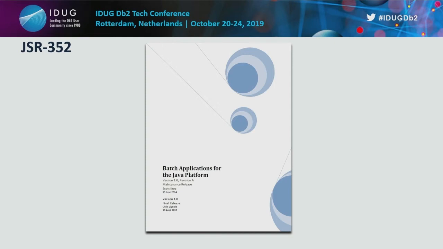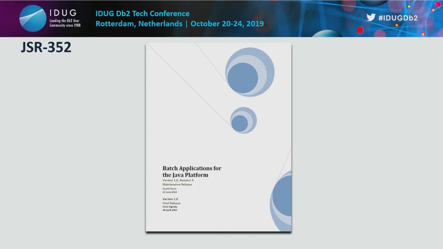And so in 2013, a JSR standard came out. The author of the standard is IBM, JSR 352. This is based on many decades of batch processing experience that IBM has run into over the years, all the problems that could happen, and how to resolve these problems. So this was an attempt to standardize how they process batch in Java.